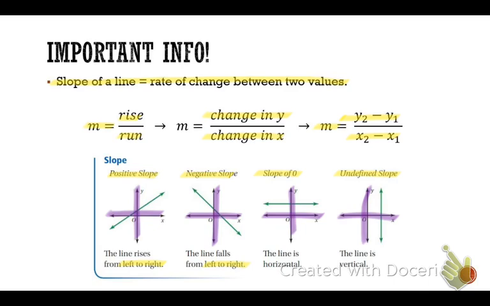From left to right, I want you to draw an arrow that's sloping up. From left to right, that is what we call a positive slope. Why? Because it's going up, right? Okay, so that's kind of common sense. So see what's happening with the negative slope. From left to right, which way is it going? It's going down.